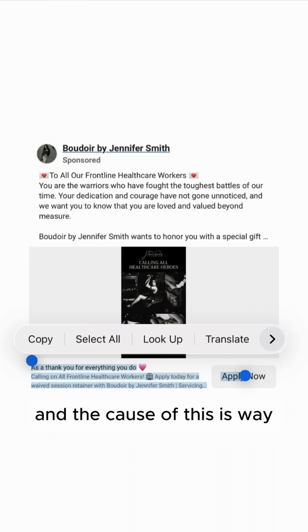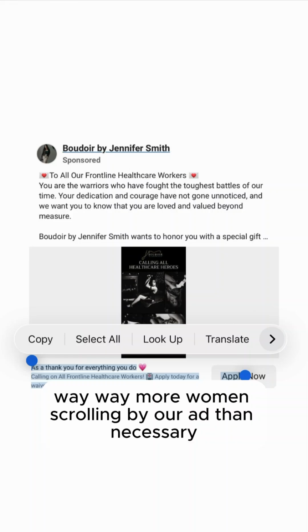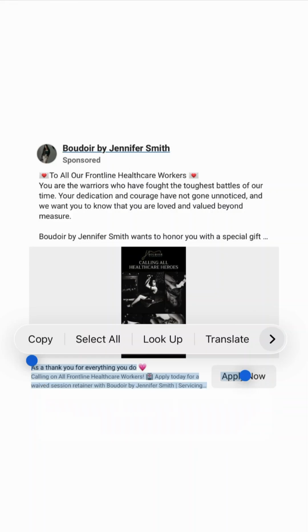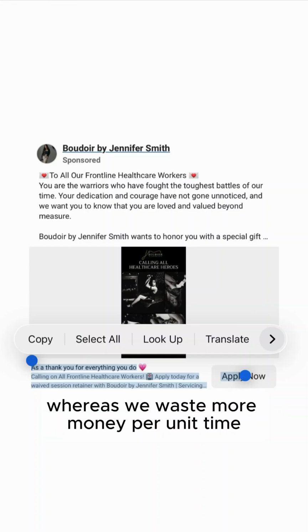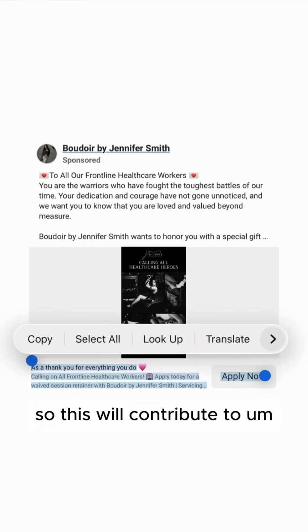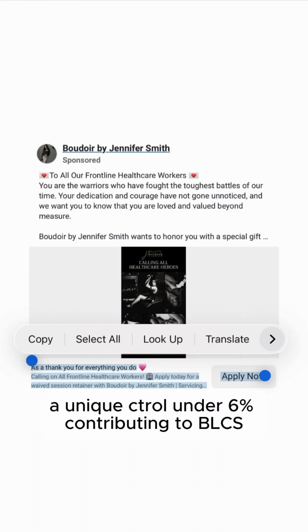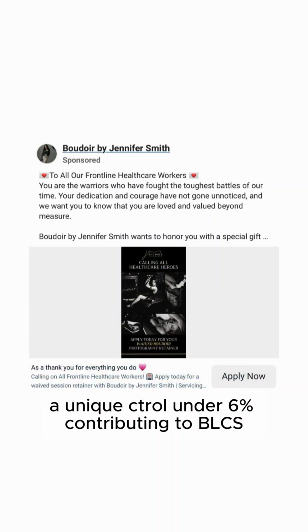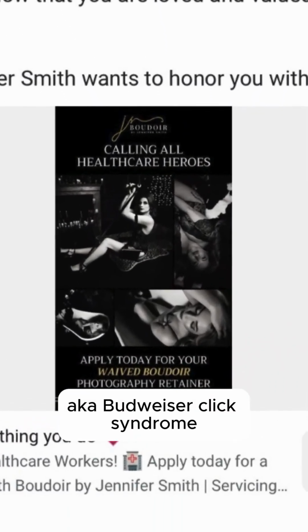And the cause of this is way, way, way more women scrolling by our ad than necessary, which Facebook likes because they can serve more ads per unit time and earn more money, whereas we waste more money per unit time, kind of spin our wheels, throw our ad spend away. So this will contribute to a unique CTRL under 6%, contributing to BLCS, aka Boudoir low click syndrome.